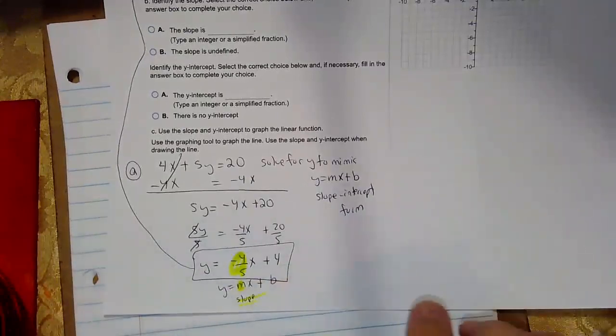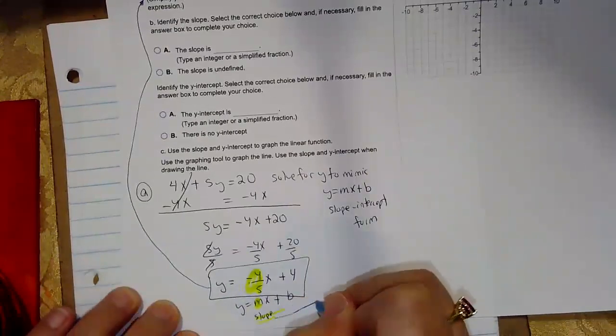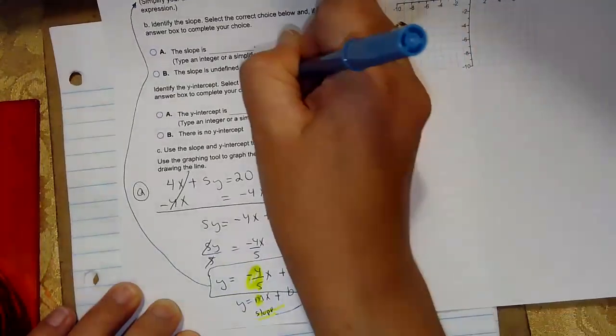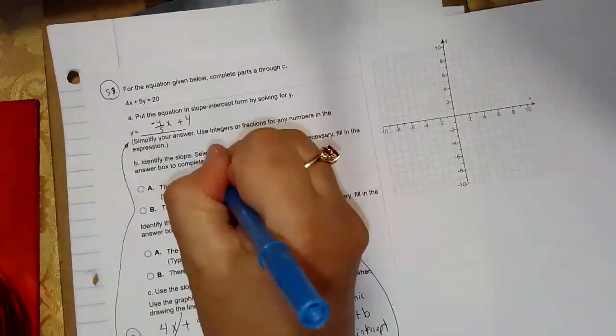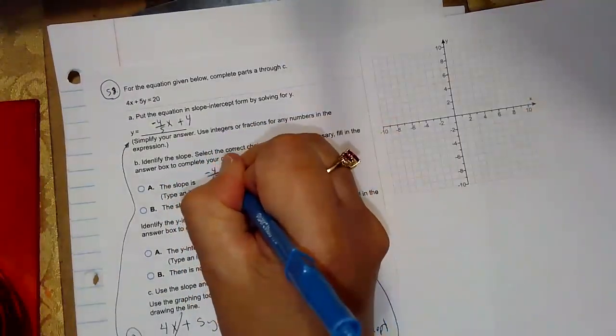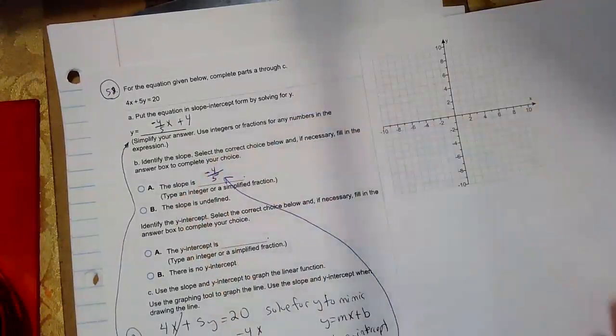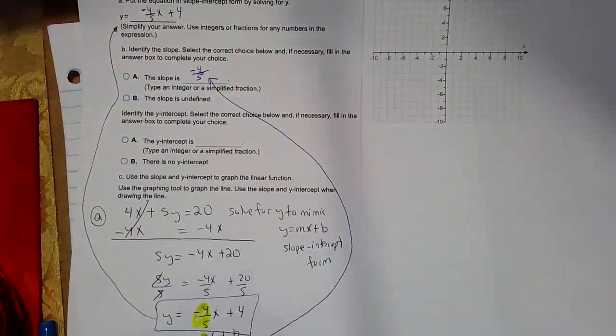So I see that right here, which is negative 4/5. So write it like that. So that was part B, that was your slope.